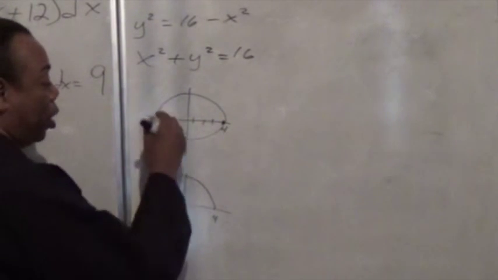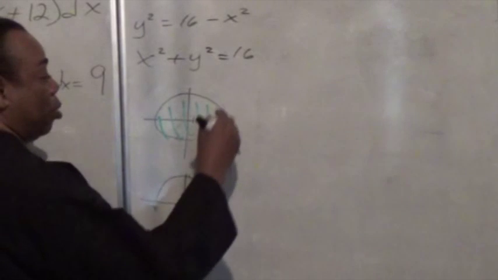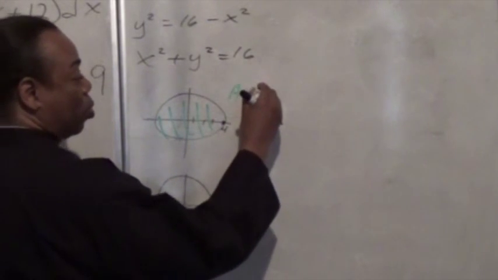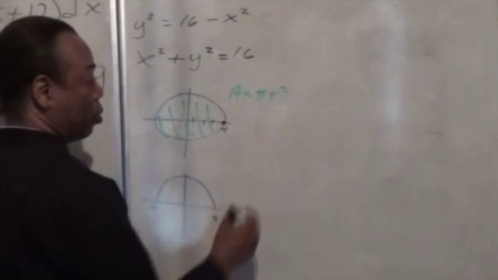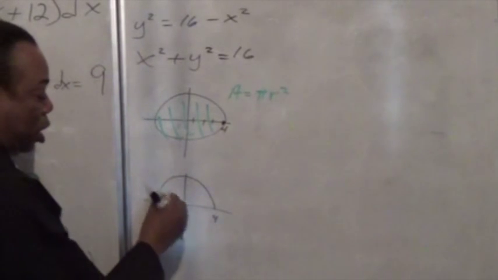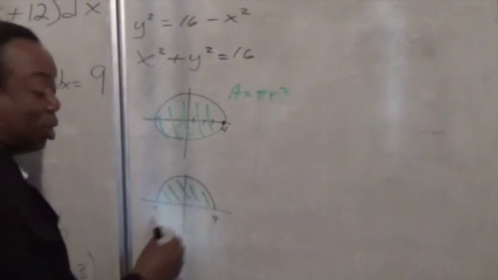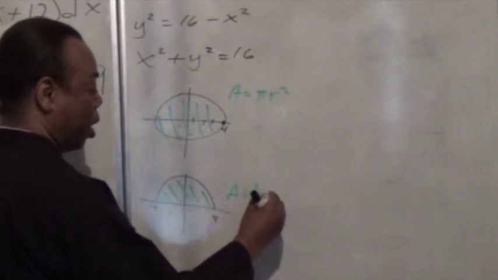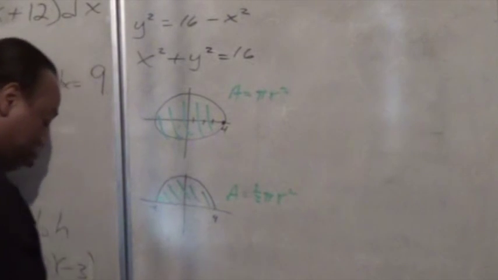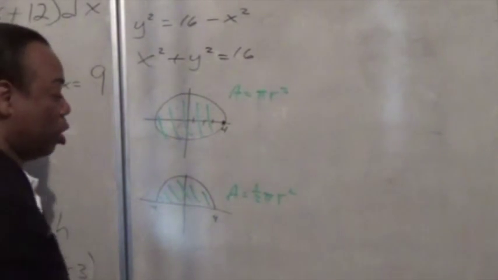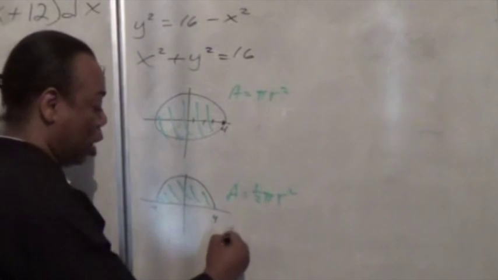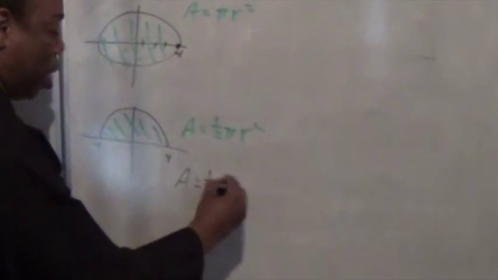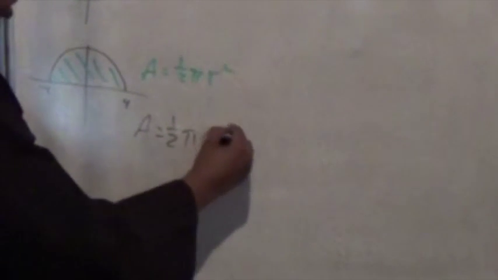The area formula for a circle is A equals pi radius squared. The area formula for a semicircle is area equals 1/2 pi r squared. Therefore, the area here will be A equals 1/2 pi 4 squared, which is going to be 8 pi.